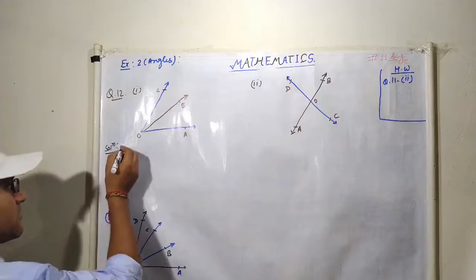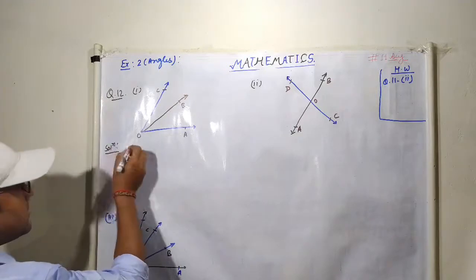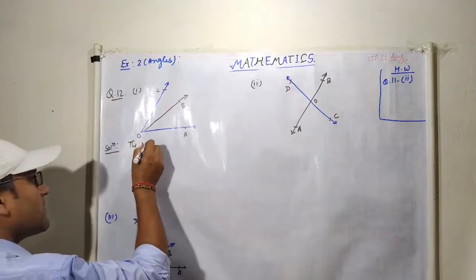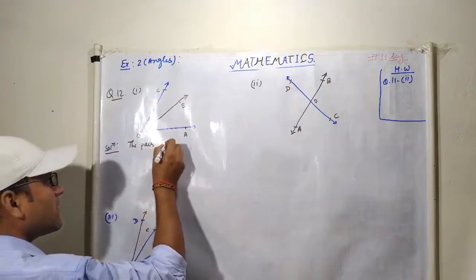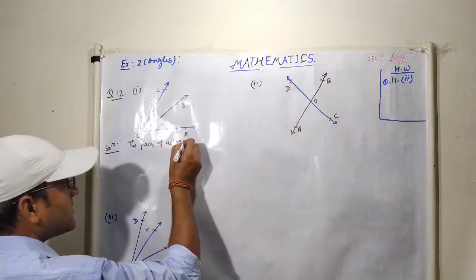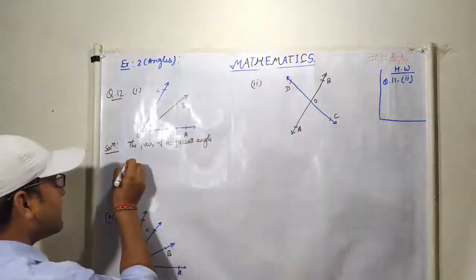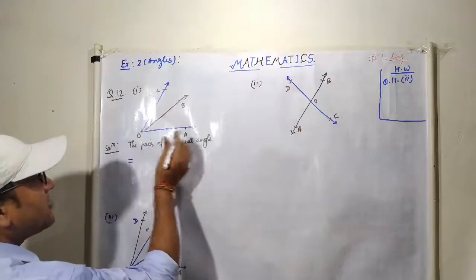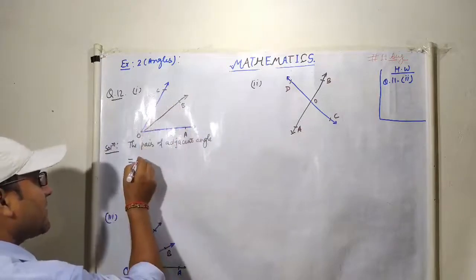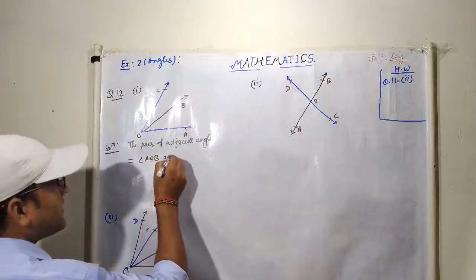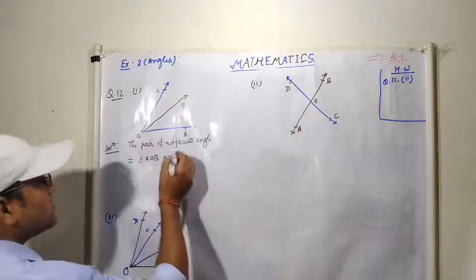So in the solution, the pair of adjacent angles is, you can see this one, angle AOB and angle BOC.